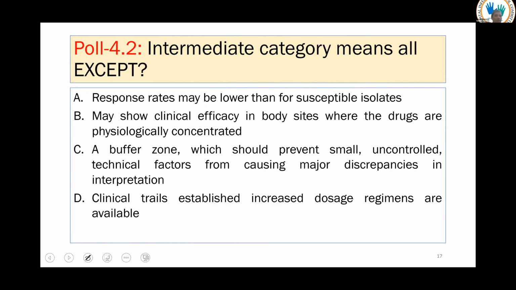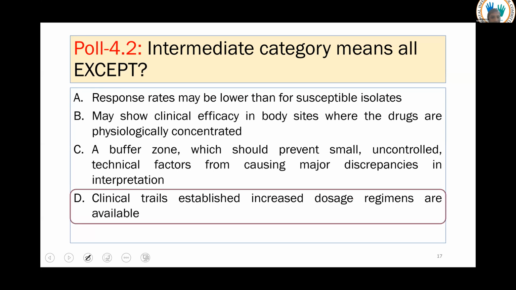So now the third question should be clear. We have all discussed this. So intermediate means clinical trials are not established. If the clinical trials are established to say that increased dose will work, such are called SDD breakpoints. In intermediate, the clinical trials are not established. However, increased dose may work, but there is no guarantee.